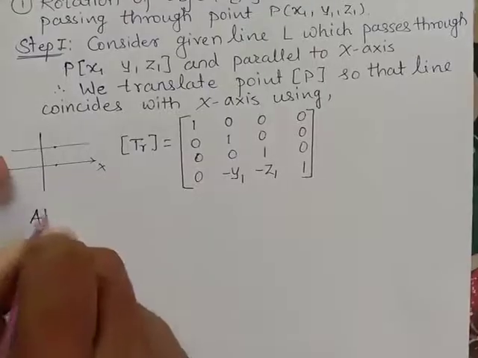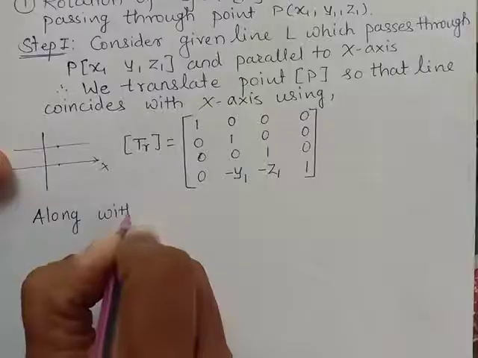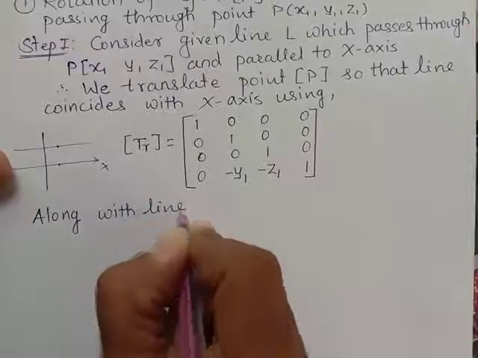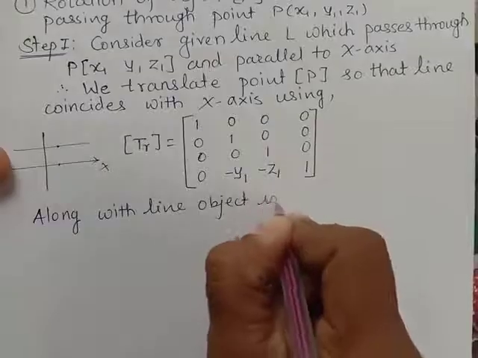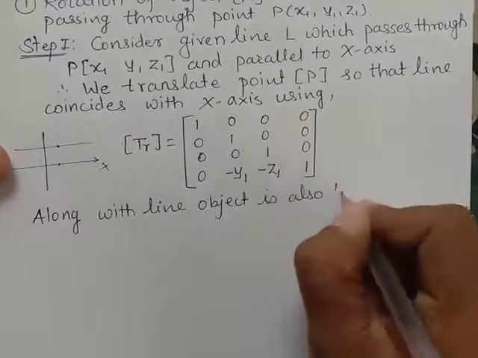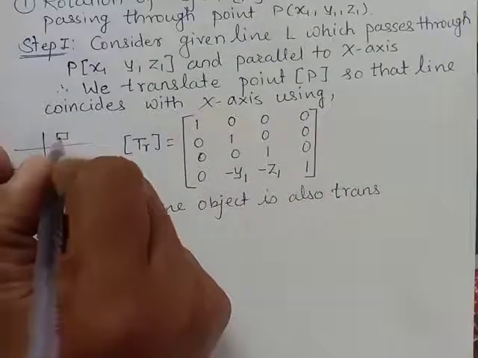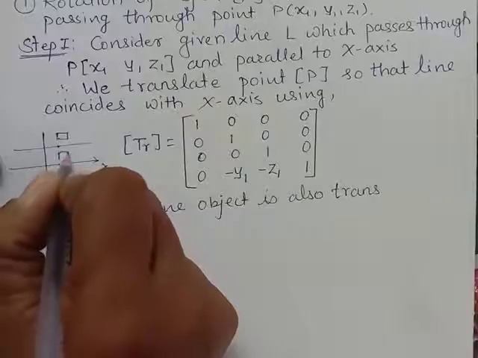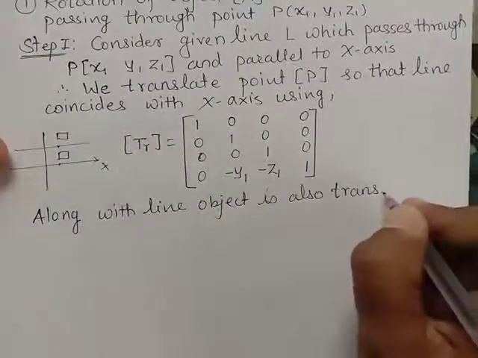Along with the line, the object is also translated. If the object is near this line, it will also come here.